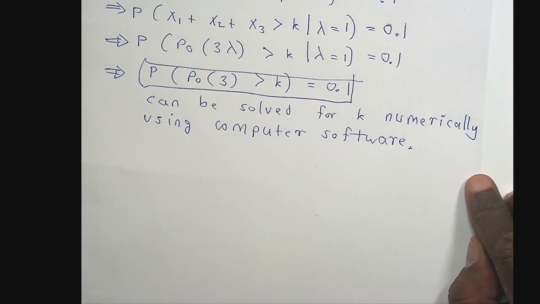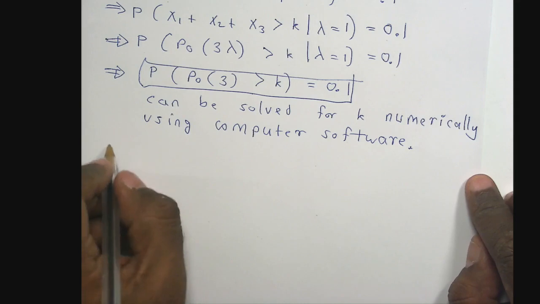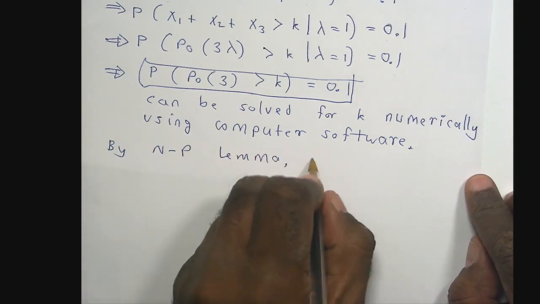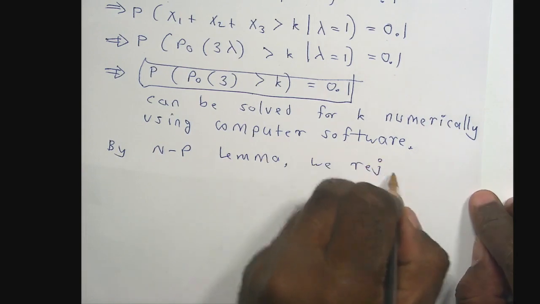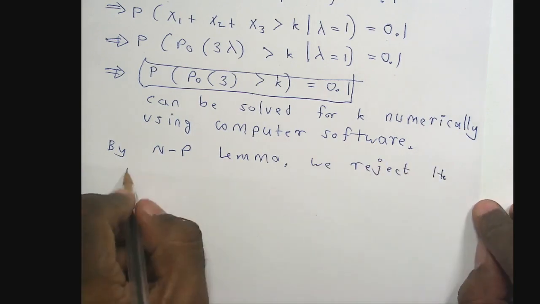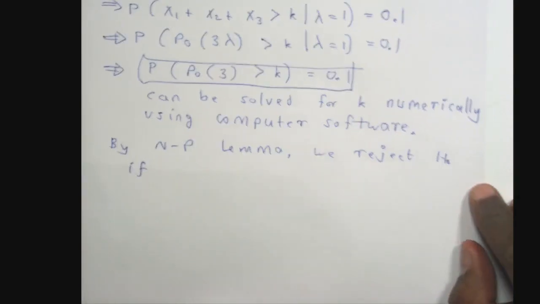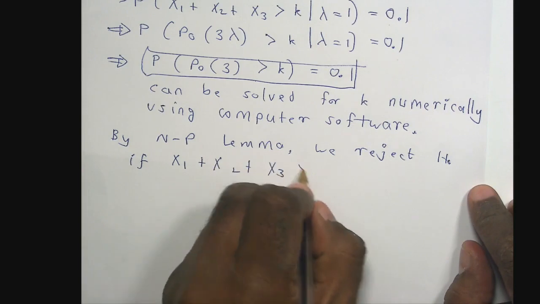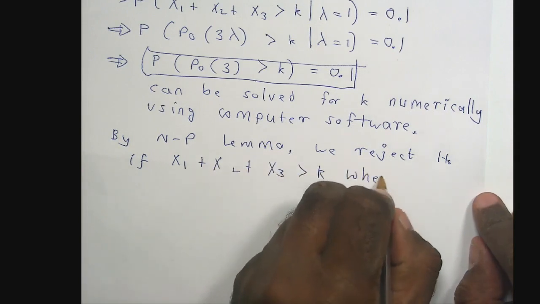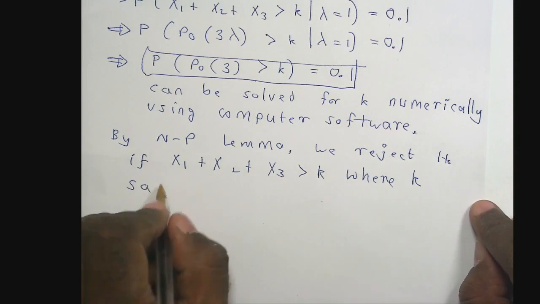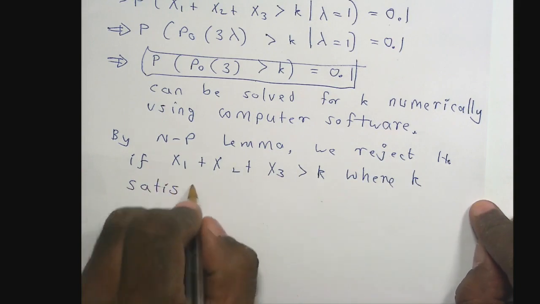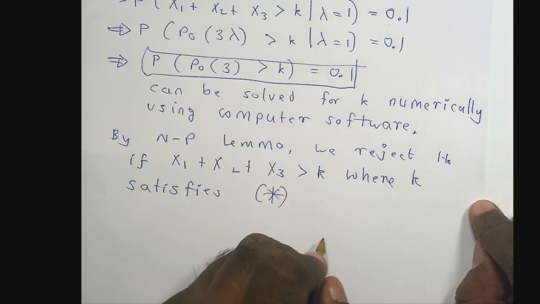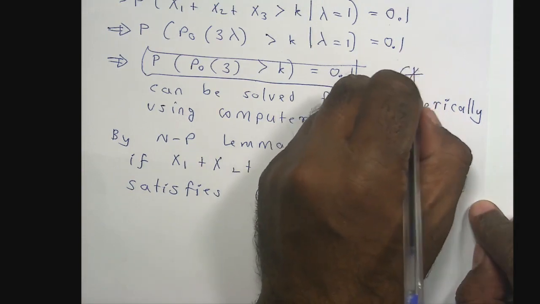So the conclusion, guys, is the following: by the NP lemma, we reject H0 if x1 plus x2 plus x3 is greater than k, where k satisfies the star equation.